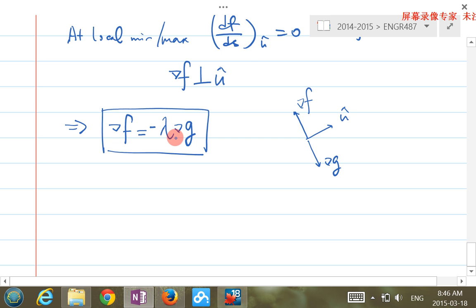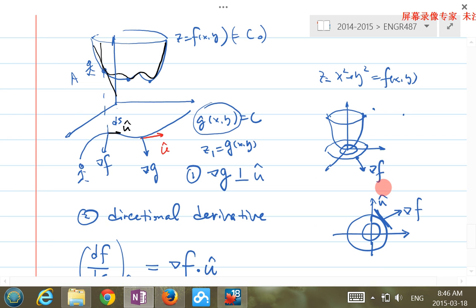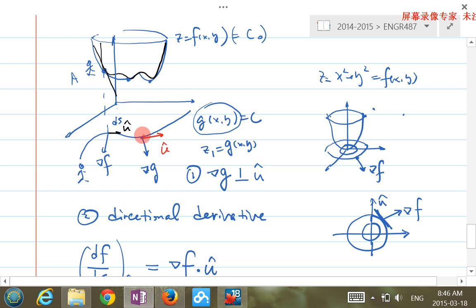And also, if I go back over here, we can also easily show that, let's suppose that this location is a local min or local max. So apparently, the del f is a scale difference from del g now.